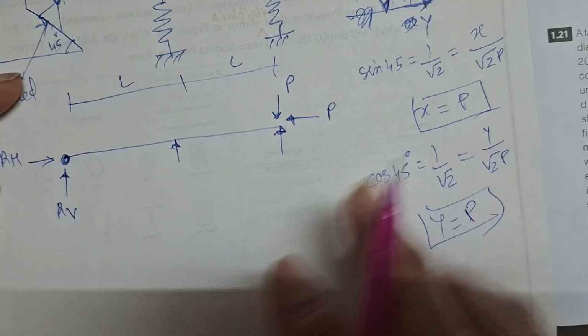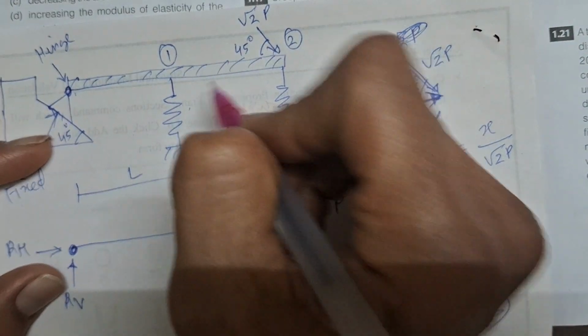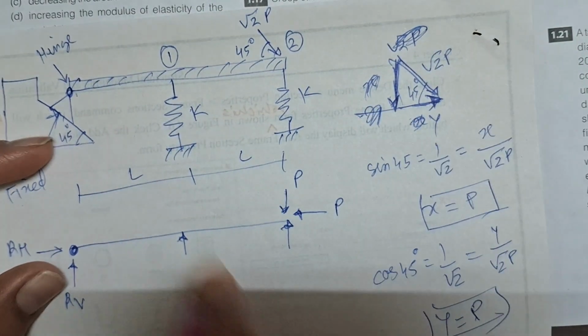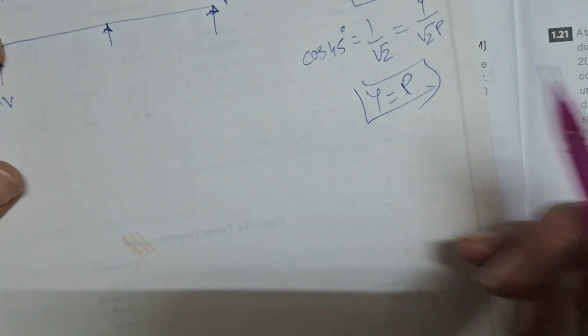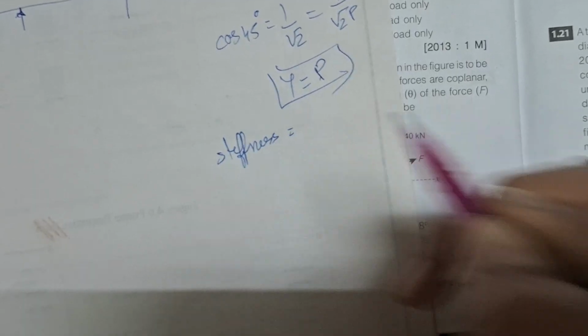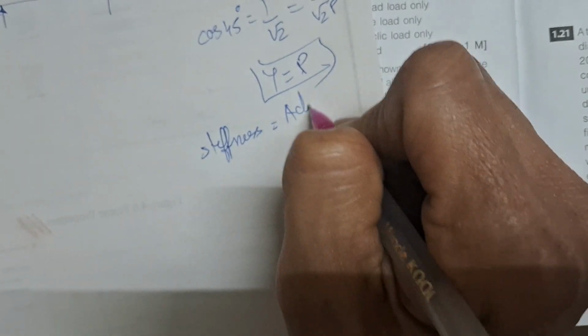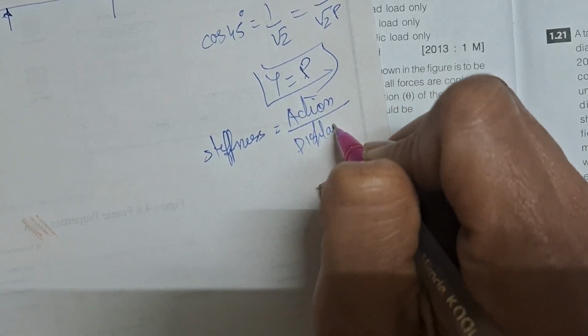Now let's understand the concept of stiffness. See, here the stiffness is K and both the springs have the same stiffness. So what do you mean by stiffness? I am writing here, stiffness is equal to action upon displacement, okay.